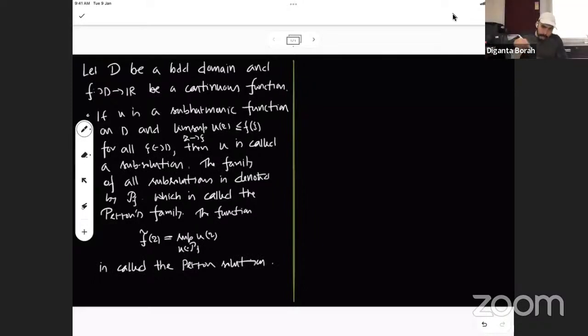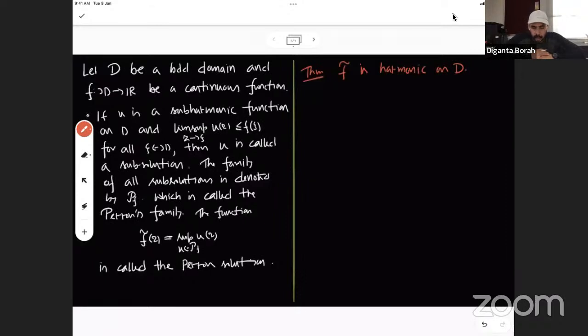So we stated the following theorem yesterday. With this Perron solution, f tilde is harmonic on D. So the Perron solution is always harmonic.